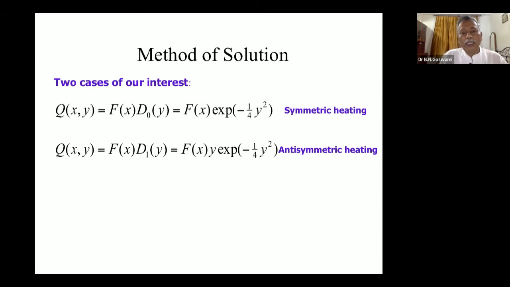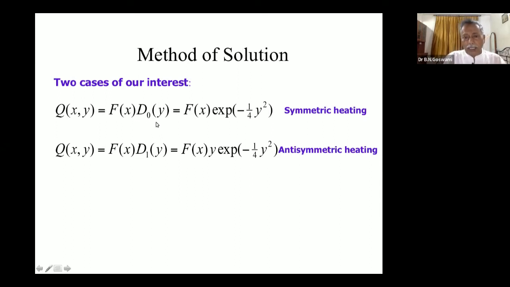Let us talk about a symmetric heating function, where the Q is just a function in the x direction. So there must be a function in the x direction, because it is localized, not sinusoidal, but some function in the x direction, and then there is a y function. The y function is in the form of these Hermite polynomials.